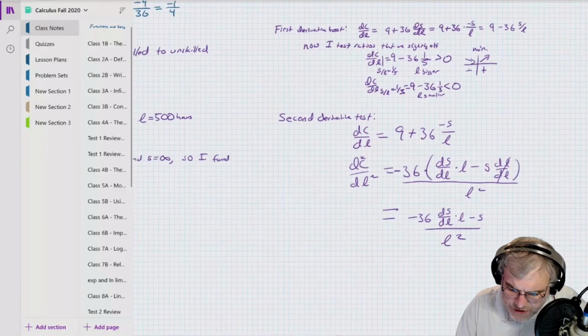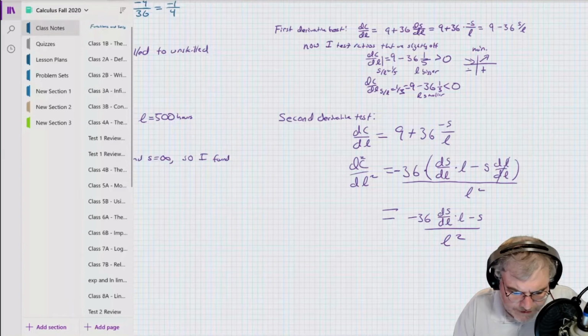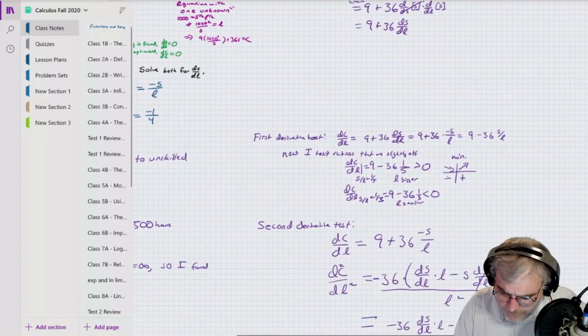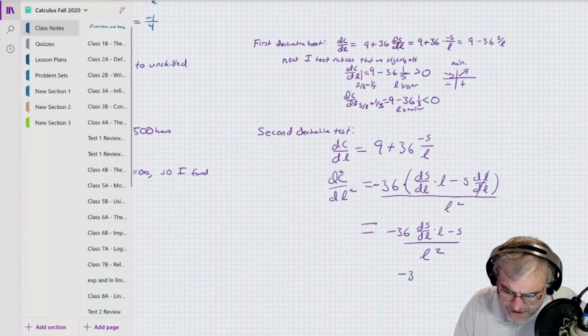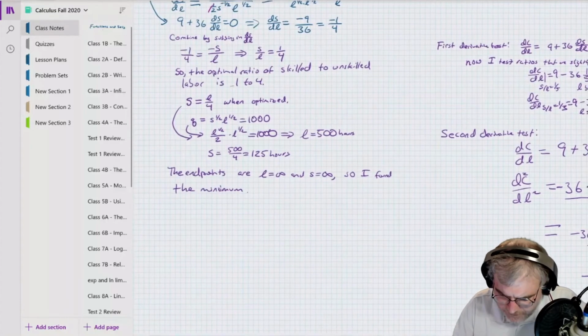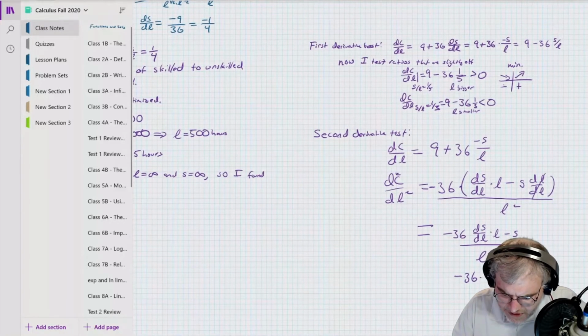Okay, and then I have my ratio. So I've got dS over dL, and I actually don't care. Well, actually I do care, because the magnitude is going to matter there. dS over dL is negative 1 over 4. So I'm going to have negative 36 times negative 1 over 4 times, what was L? The L is positive, so the bottom doesn't matter.